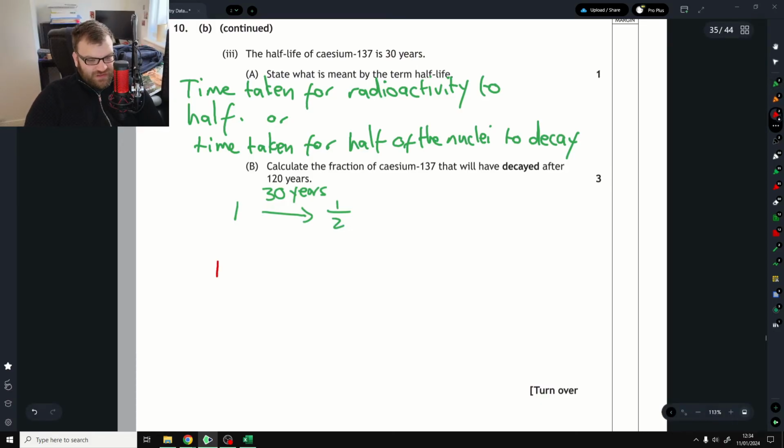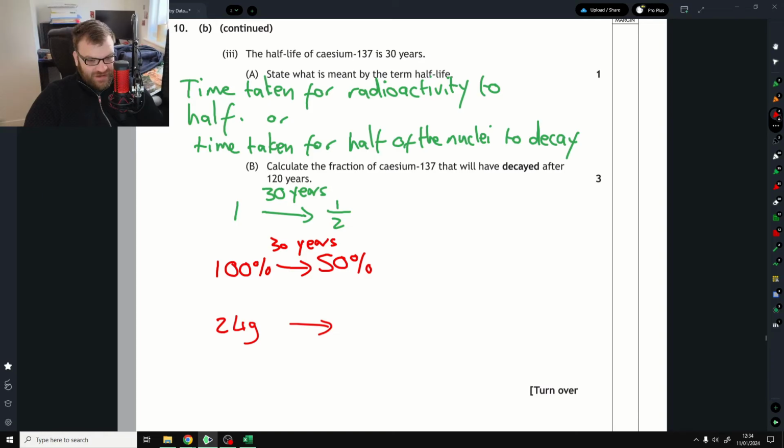If the question was talking about percentages, we'd do the same thing, but we would be talking about percentages. So going from 100% down to 50%. If they told you there was a certain number of grams of the material, so it might have been, say, 24 grams. Again, it's the same idea, but we're working in grams, the mass of the material. In all situations, the value would drop by a half.